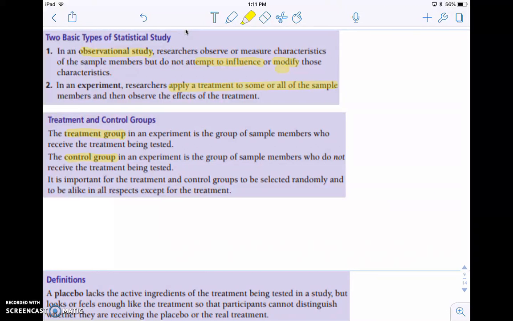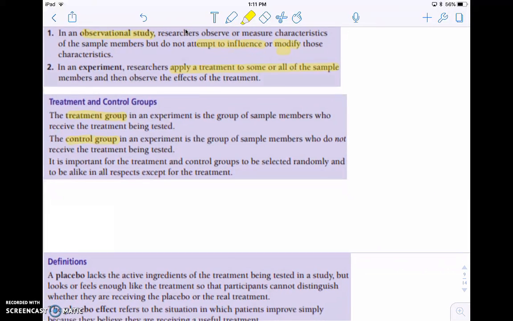If you ever watched shows such as Mythbusters, one I really like, they always talk about their control. That's where they haven't done anything on their experiment. They're just testing without applying any kind of intervention, as a control, as a baseline. It is important for the treatment and control groups to be selected randomly and to be alike. You don't want to stack the deck when you're doing experiments.